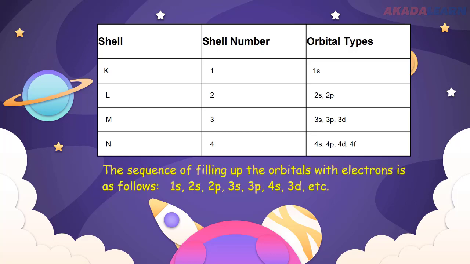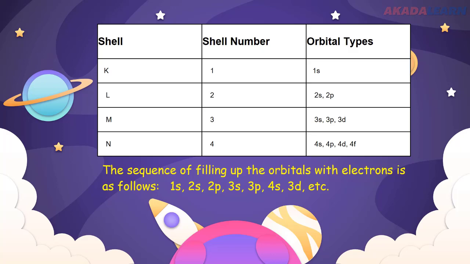The sequence of filling up these orbitals with electrons is as follows: 1s, 2s, 2p, 3s, 3p, 4s, 3d, etc. And the reason for filling them in this order is to obey Aufbau's principle, which says that the orbitals should be filled from the lower energy orbitals going up to the higher energy orbitals.